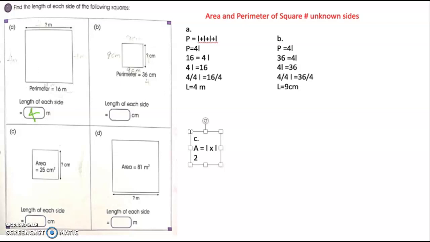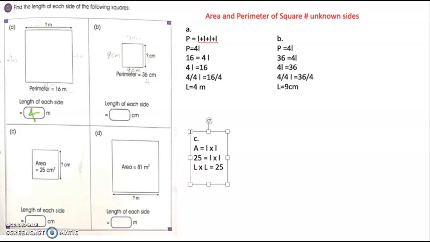So area they have given, that is 25, which is equal to length times length. Let me twist the equation, like what I did in perimeter. I will bring to my left the L's and then to my right the 25.